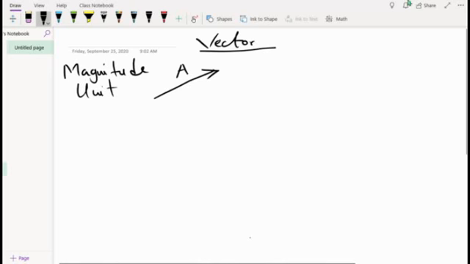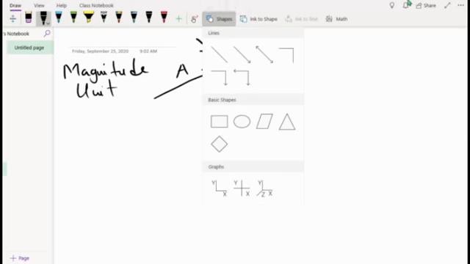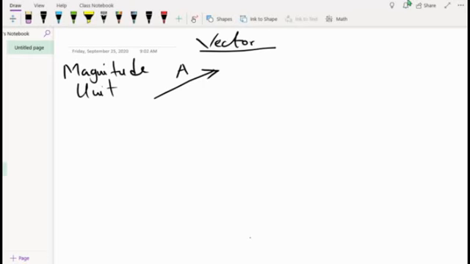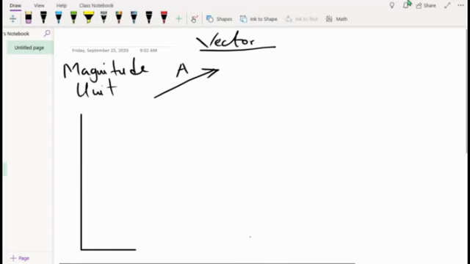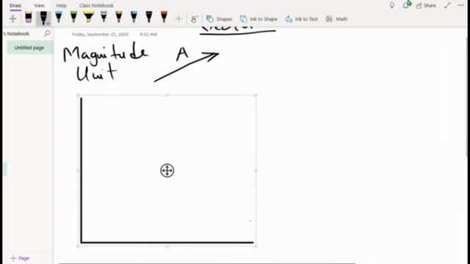Let's draw a Cartesian plane to illustrate what magnitude of a vector is and also what unit vector means. Let's say this is our xy Cartesian plane. In the case of vectors, we call the y-axis j, and the x-axis the i direction.